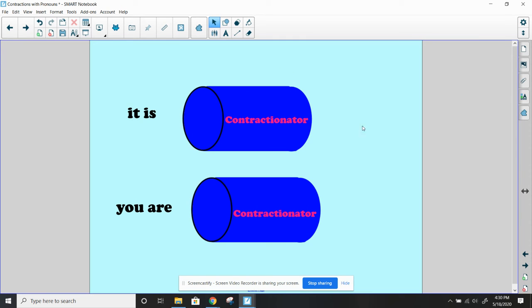And a couple more. It is. This is another one of those homophones. This becomes it's. This is the contraction it is. I think it's going to rain all day. So if I take that out and make it is, I think it is going to rain all day, then I have the contraction. Then we have you are. Put that in my contractionator and you get you're.